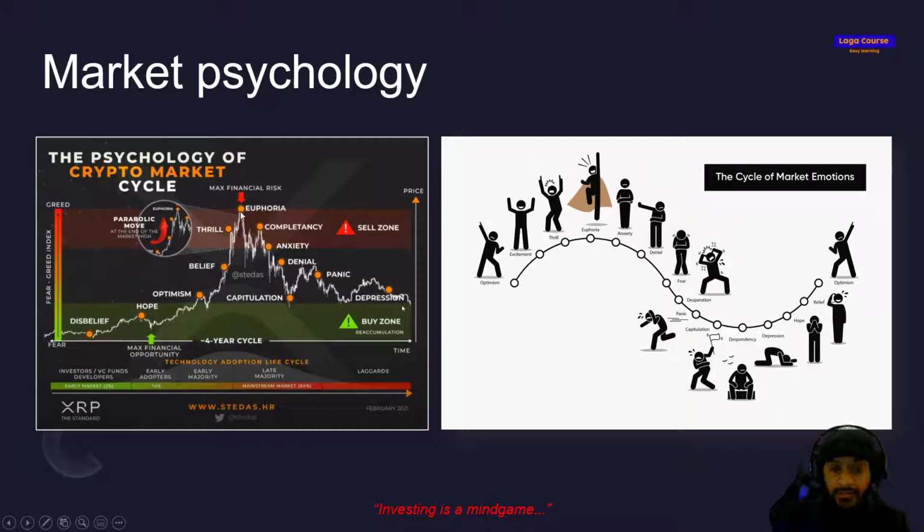The bear market, which is this side of the market, is when the market tends to correct and goes lower and lower and finds a new bottom. This is the moment when people become fearful, angry, start to panic, and eventually become depressed.